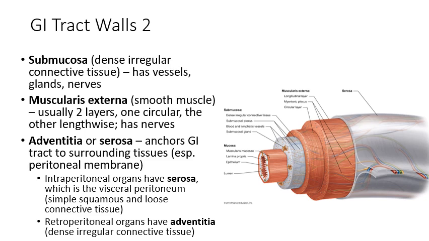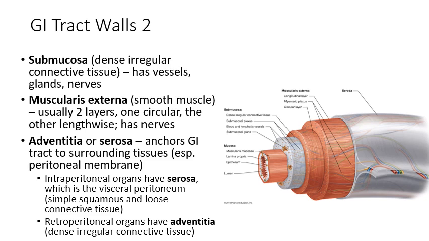So that would be composed of loose connective tissue with simple squamous cells lining the innermost surface of the visceral peritoneum, which would actually be facing out in this case if it's wrapped around an intraperitoneal organ.